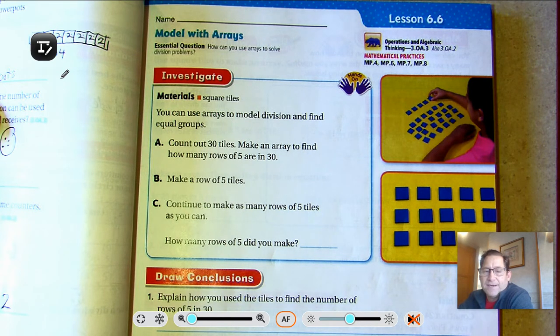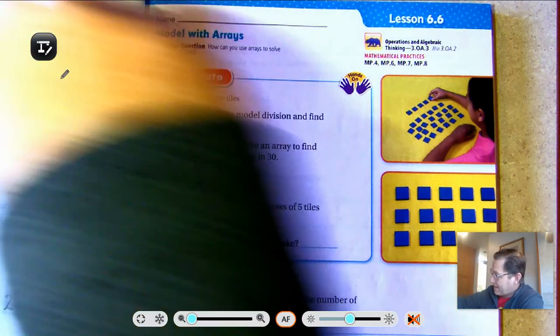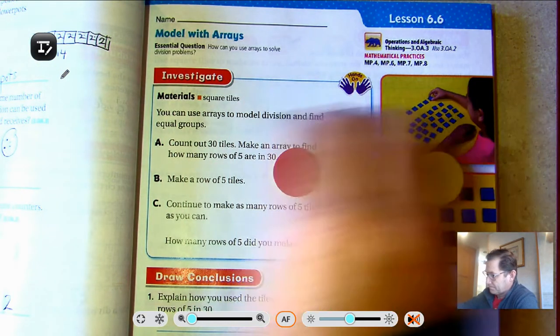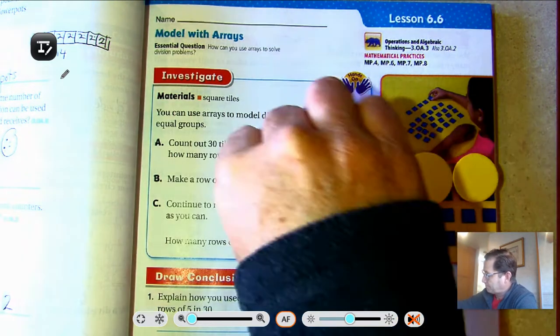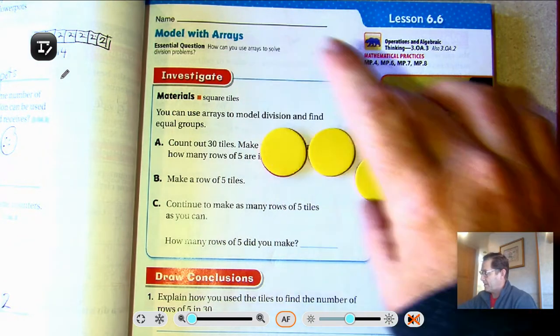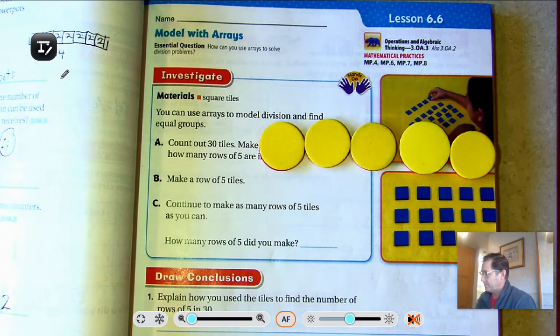So we've worked with arrays when we were doing multiplication. So what we're going to do is we're just going to make a row of 5 tiles. Okay, so there we have 5. And we're going to keep making rows of 5 until we've used all 30 of our tiles.